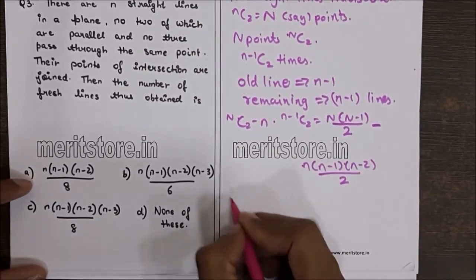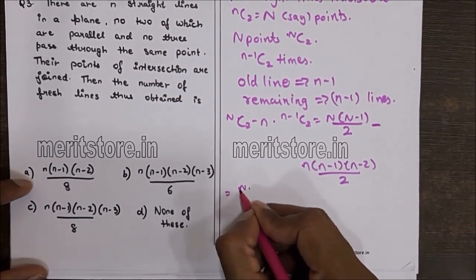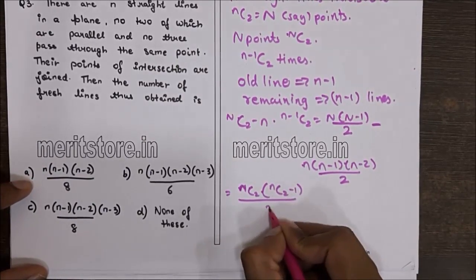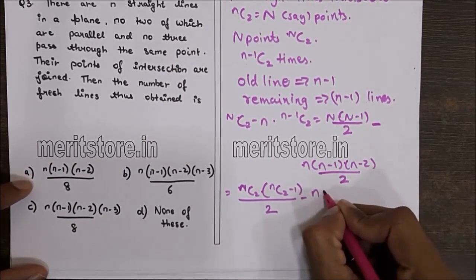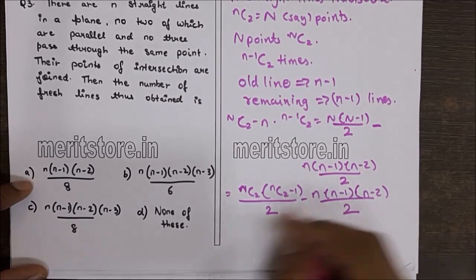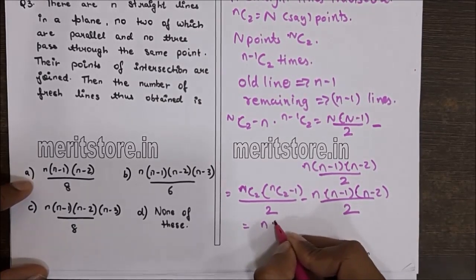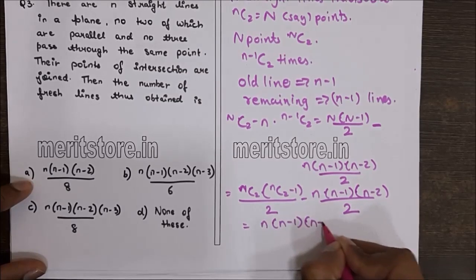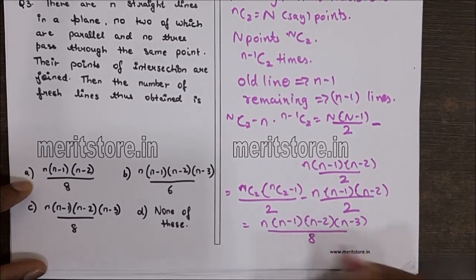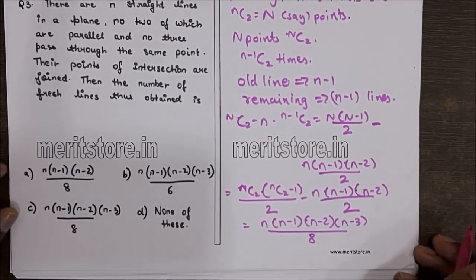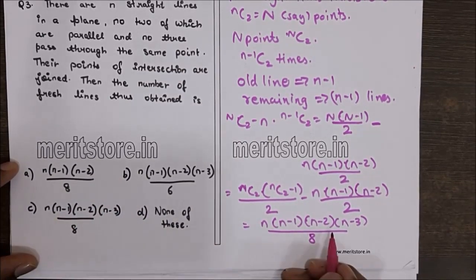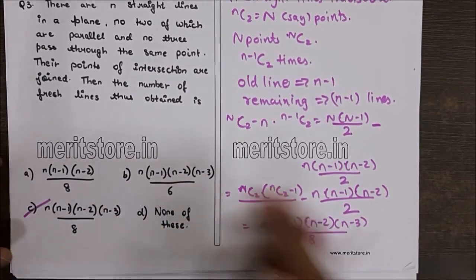Further solving this, we get n(n minus 1)(n minus 2)(n minus 3) upon 8, which we get as option C. Therefore option C is the correct answer.